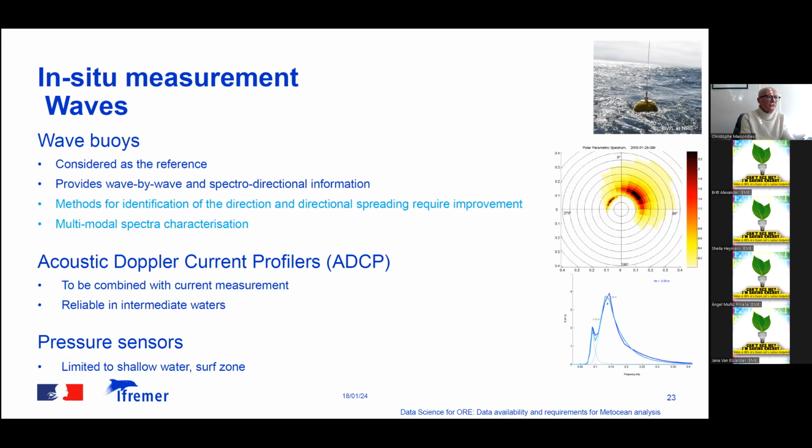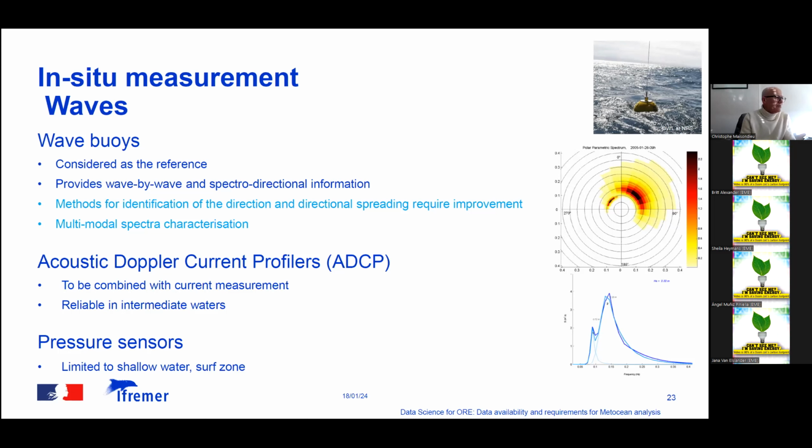There could be some improvement there as well. The methods for identification of the direction and directional spreading could be improved. And there is also, not really an issue, but an improvement to be conducted on the characterization of the multimodal sea state composed of the superimposition of different wave systems: wind sea and swells.